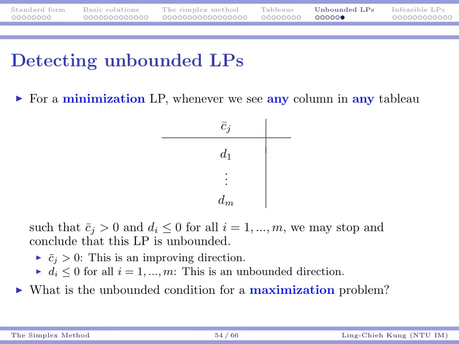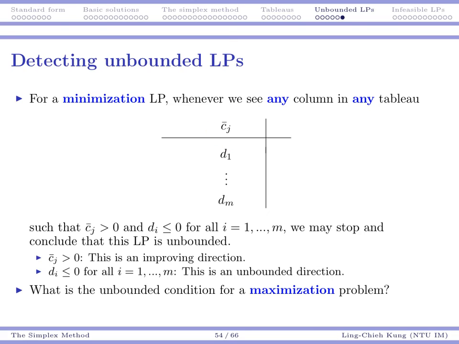So let me conclude. Suppose that we have a minimization linear program. Then as long as we have any column in any tableau where the reduced cost c bar j is positive and all the entering column coefficients are non-positive, we may stop and conclude that this LP is unbounded.